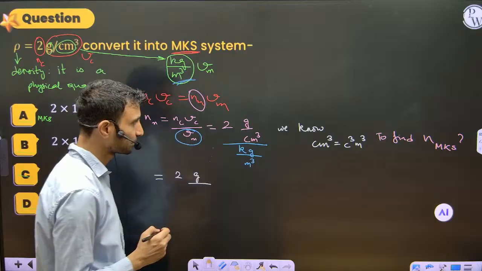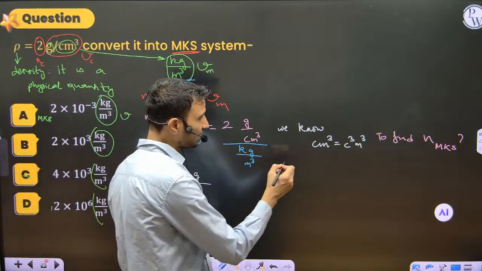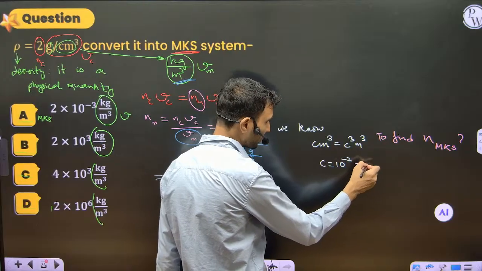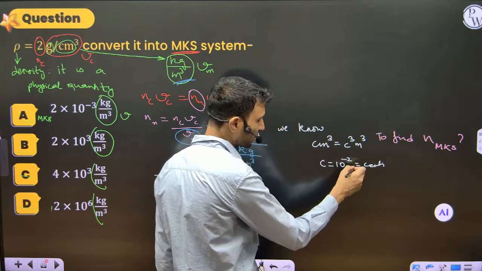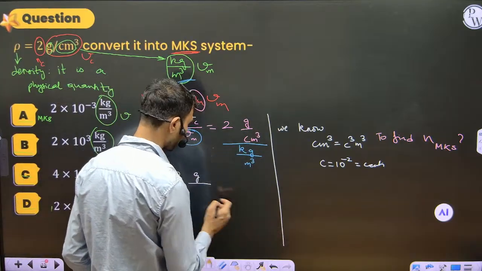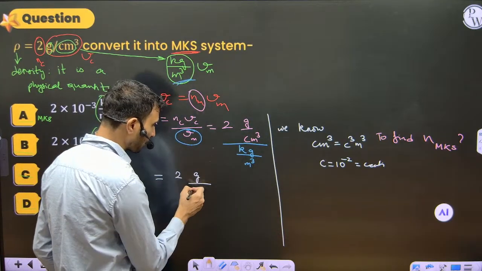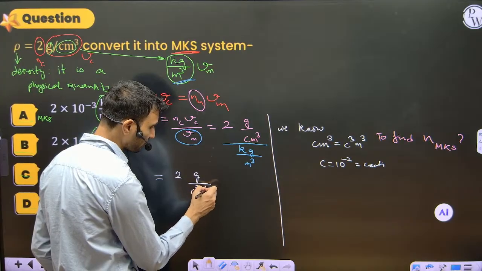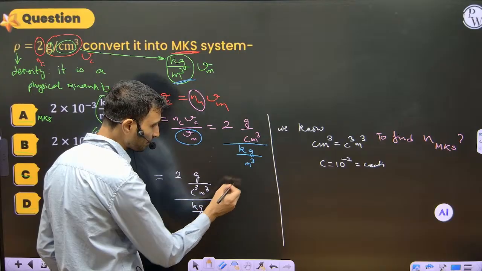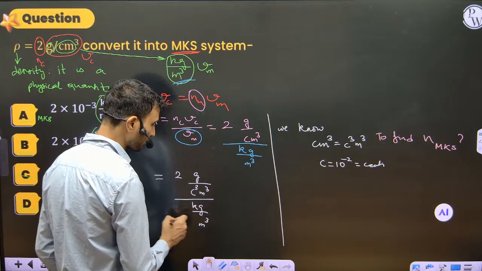And the value of centi is 10 to the power minus 2. So we are getting gram divided by centimeter cube, which means centi cube into meter cube, whole divided by kg divided by meter cube.